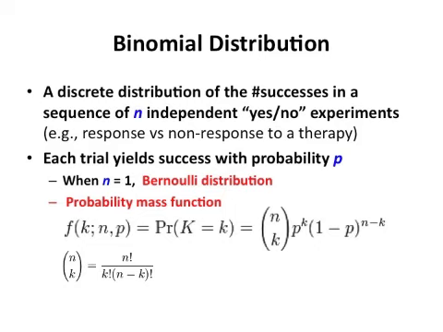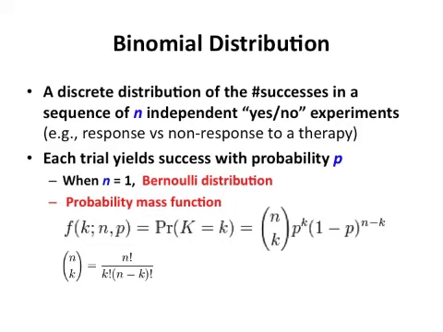number of successes in a sequence of n independent yes or no experiments. Each of these experiments, we call a Bernoulli trial. Bernoulli is the person who found this distribution, actually.